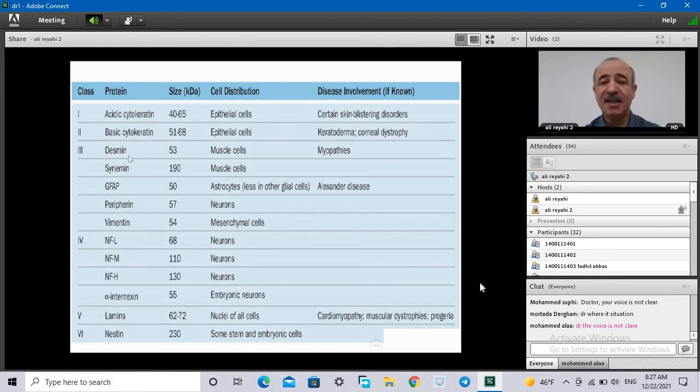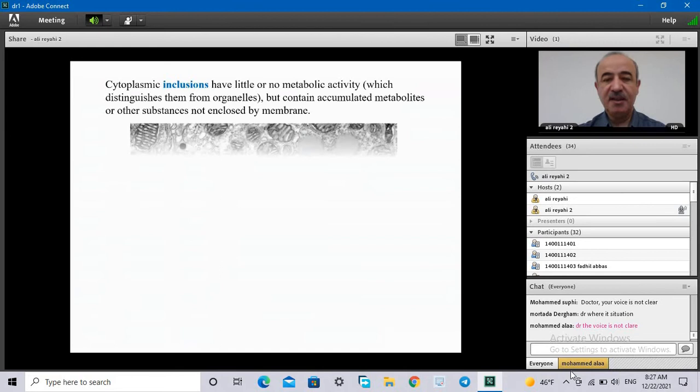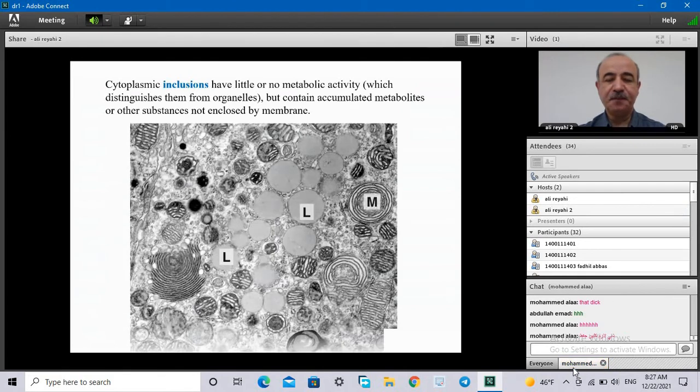In muscle cell, we can find desmin. Or in astrocyte cell, the astrocyte cell are a type of the neuroglial cell. Within the astrocyte, we can find the GFAP protein, and in the neuron, we can find the neurofilament, for example, and the other intermediate filaments are located in different types of the cell.